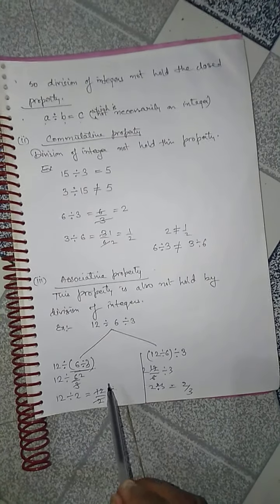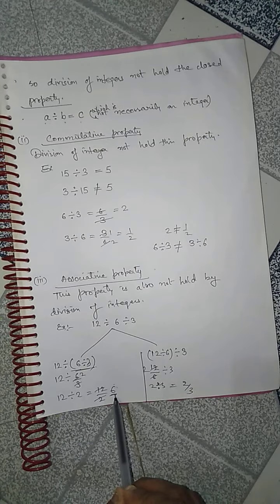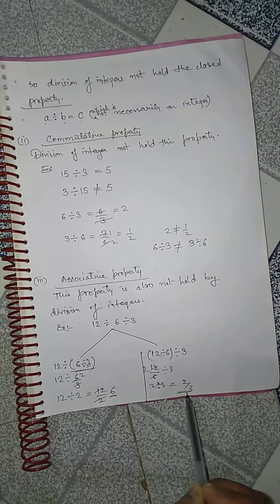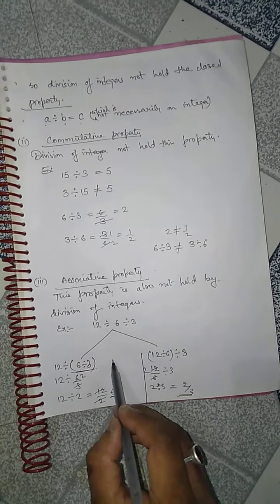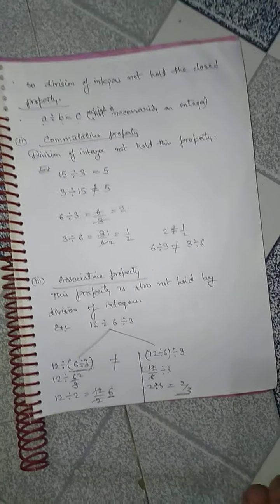Now see, here the quotient is 6, but here the quotient is 2 by 3. It means the answers are not the same.